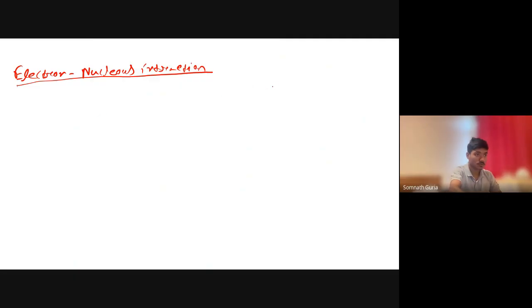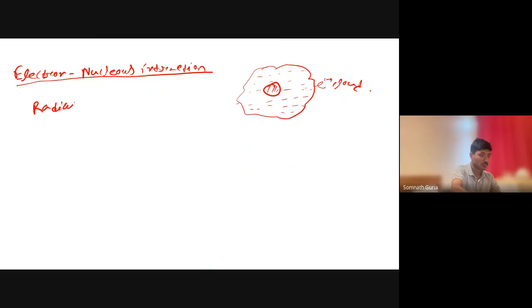We have a nucleus over here, and surrounding it there is an electron cloud. That is described by the radial distribution function.